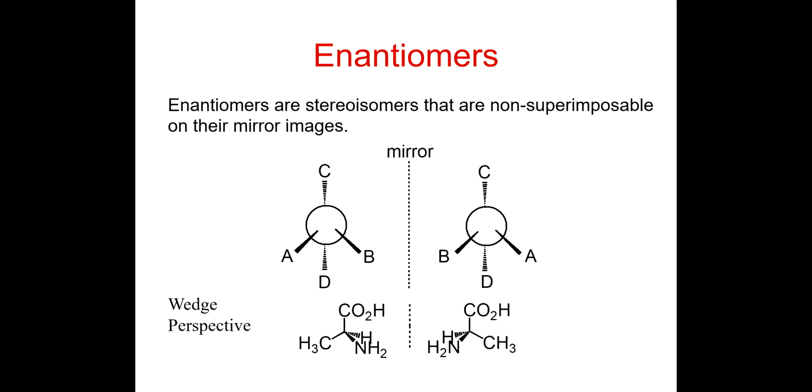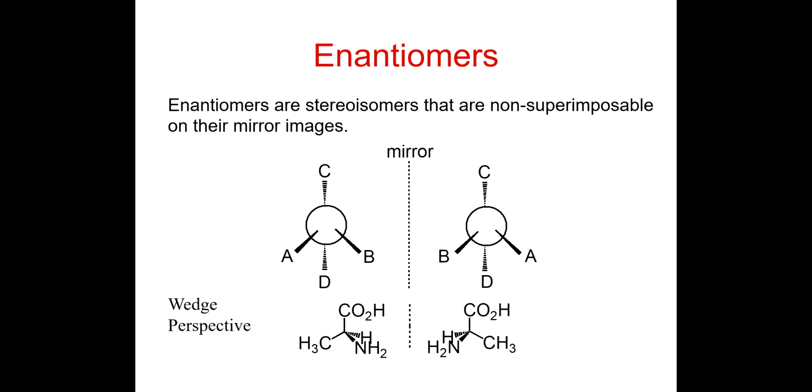If we look at alanine from the wedge perspective, the wedge perspective is to depict its configuration in 3D space. These 2 slim lines are on the paper, and just imagine the dash lines stretch back from the paper, away from you, and the solid lines stretch out of the paper.